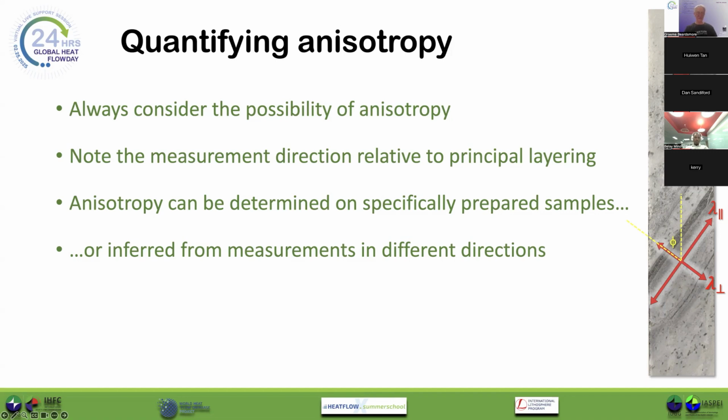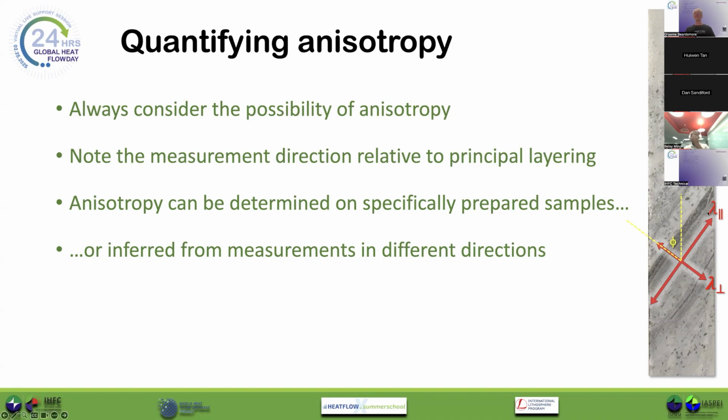I'll pick up where I left off in a second. Okay. So quantifying anisotropy. So that core sample on the right, you see a very strong foliation dipping from the top right to the bottom left. Very likely that foliation, those preferred alignment of minerals, also instills a thermal conductivity anisotropy in the rock.